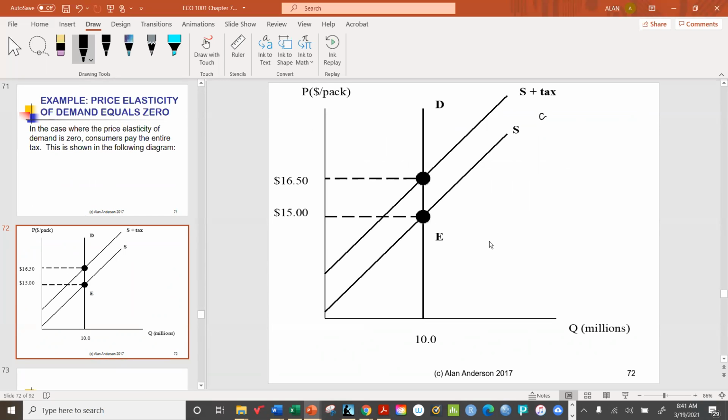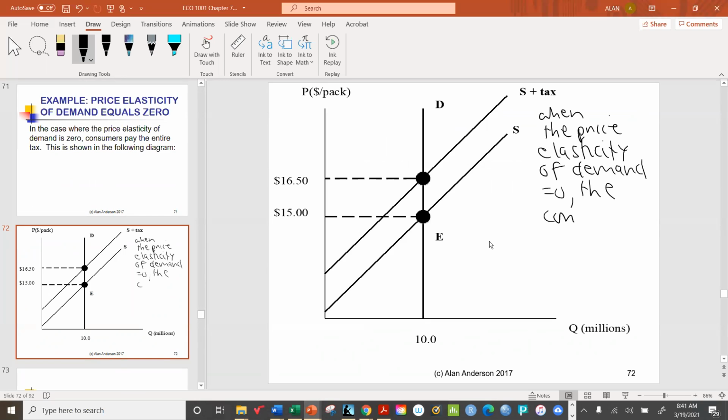So when the elasticity of demand, or I should say the price elasticity of demand, is zero, which is what it is here, the consumer pays the entire tax.